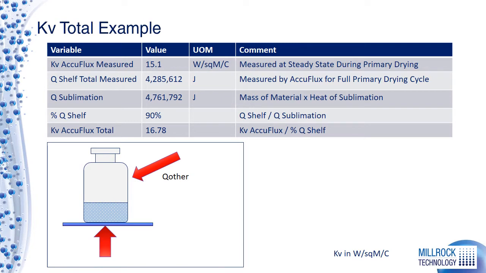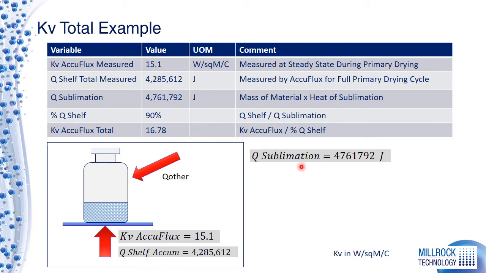Here's an example. When we're running a run, we measure Kv Accuflux of the shelf at 15.1 at steady state. During the entire run, we accumulate 4.2 million joules of heat, but actually the theoretical was 4.7 million joules of heat that should have been removed.